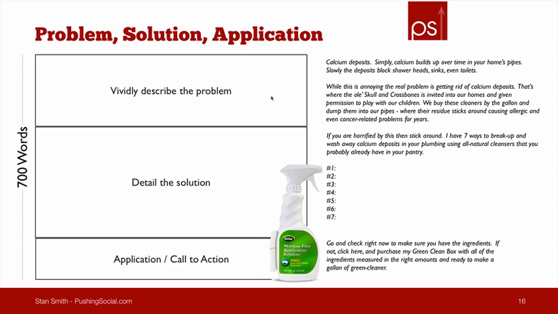This green clean box that a person can buy from you, mix up their own solution for this green cleaner. So I think that's actually a product idea that I can license to one of you guys on the webinar. So that's cool. So problem solution application. I'm just kidding. I'm not going to license it. You can have the idea. So that is problem solution application.